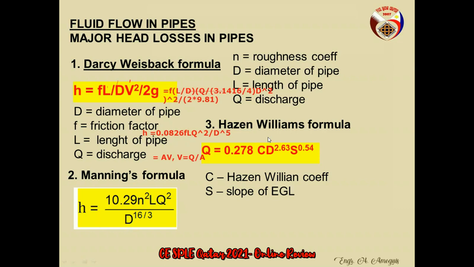Then for Hazen-Williams, I suggest replacing S, since S equals head loss over length. If you replace S with head loss over L, you get an equation of head loss as a function of Q. We will use this later in pipe networks.